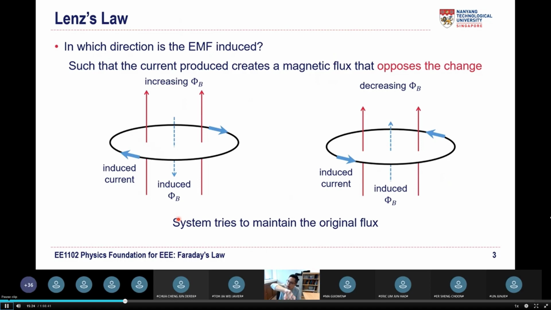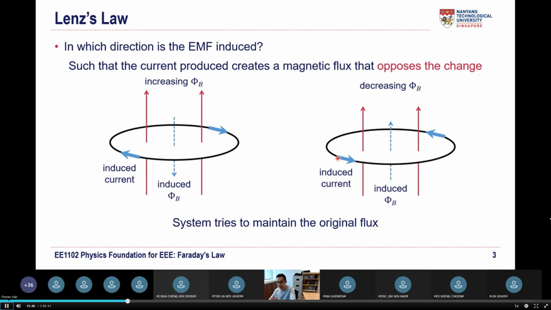You use your right hand grip rule, and it must be circulating in the clockwise direction, right? So that's how the current will be produced when we have an increasing magnetic flux going upwards with time.